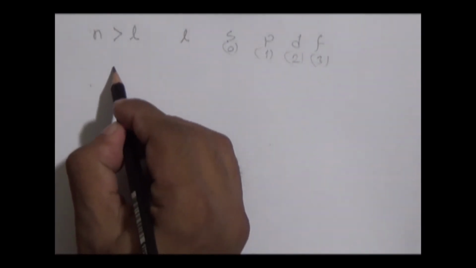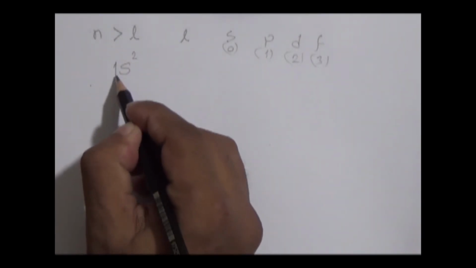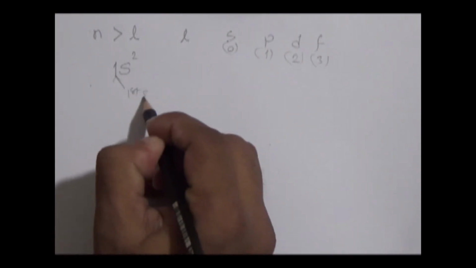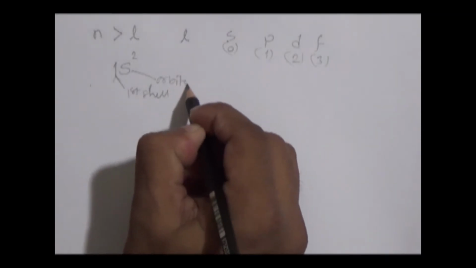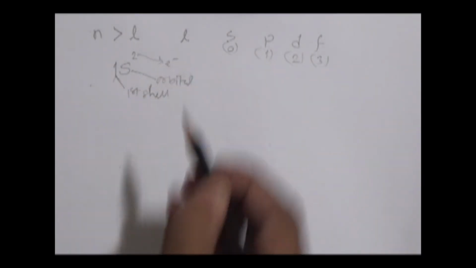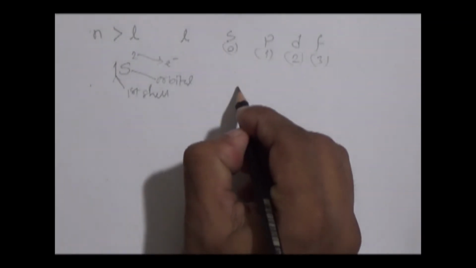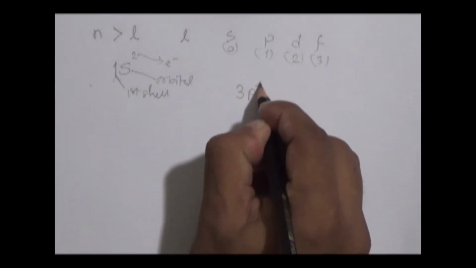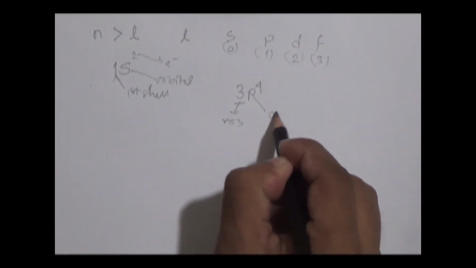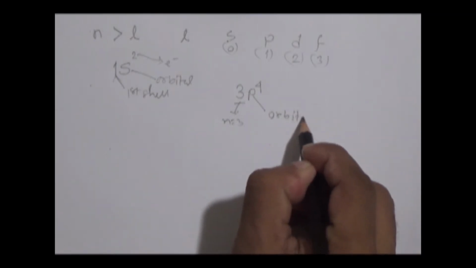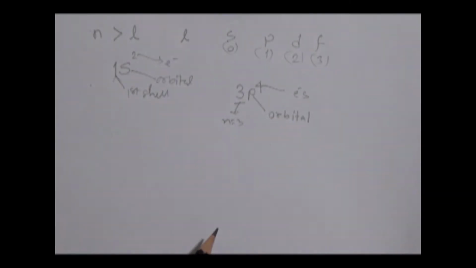So here 1s2 means in the first shell, s orbital has 2 electrons. Similarly 3p4 means third shell, n is equal to 3, p is the orbital and 4 electrons in the third shell.